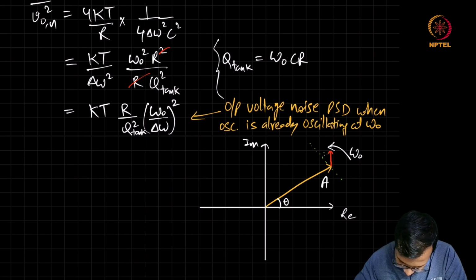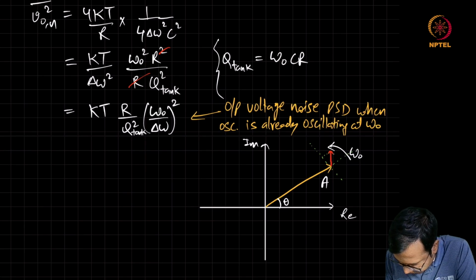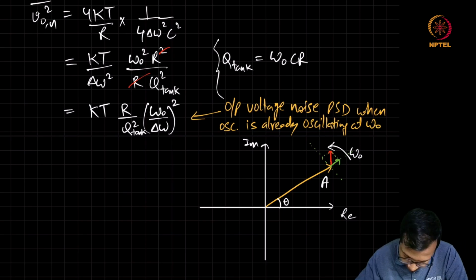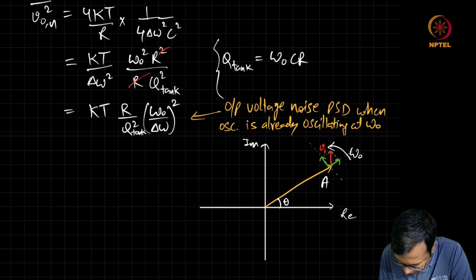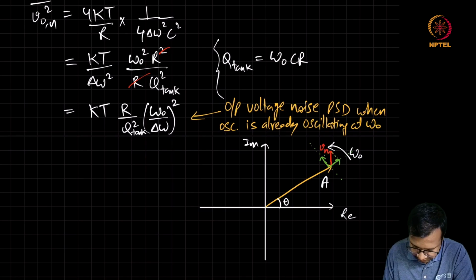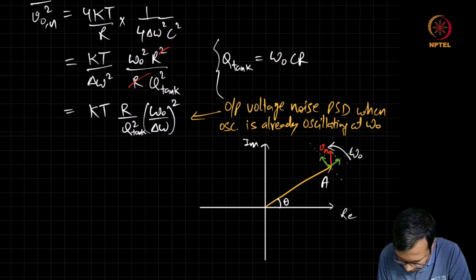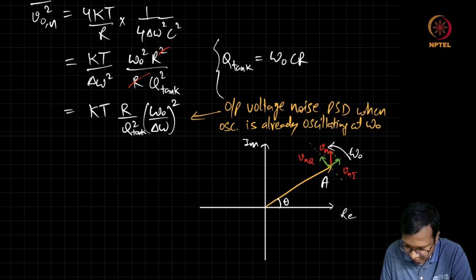One component along the direction of the signal, another component in quadrature with the signal. So this is Vn, and let's call this one Vni, the other one Vnq.